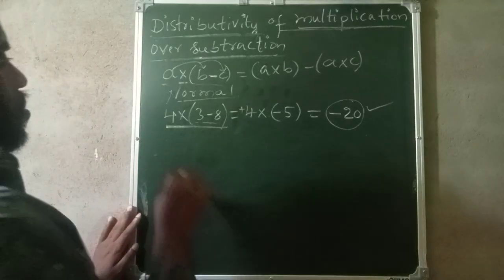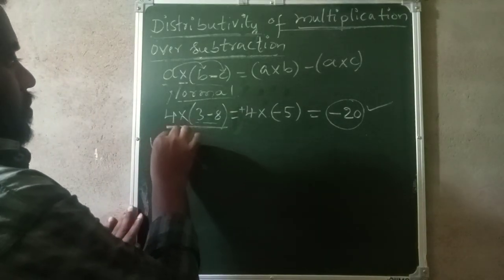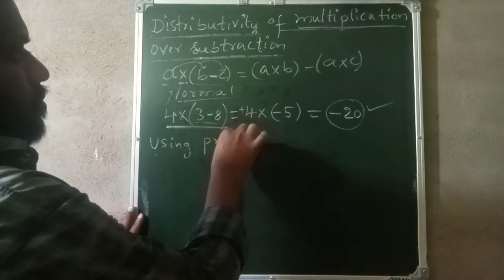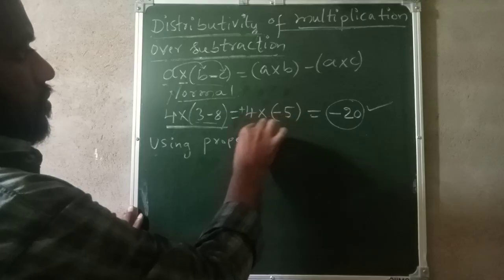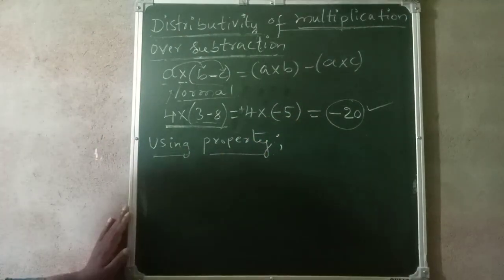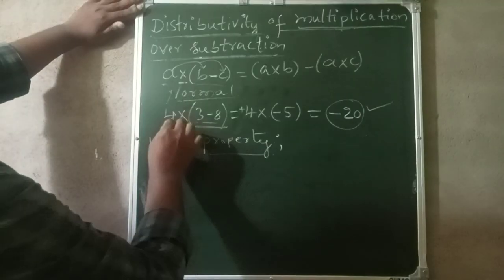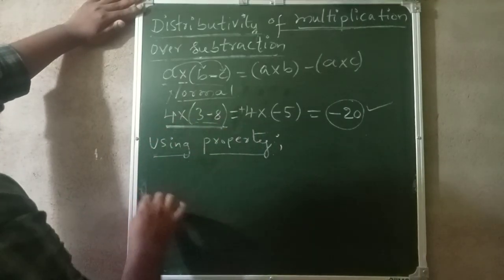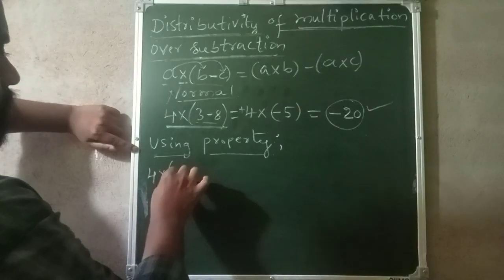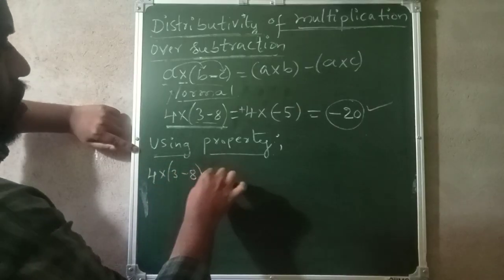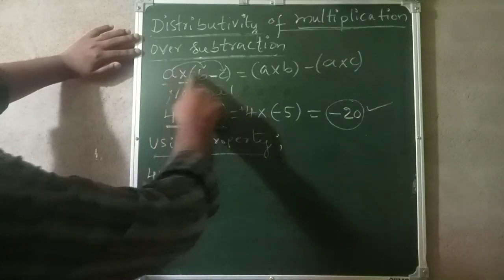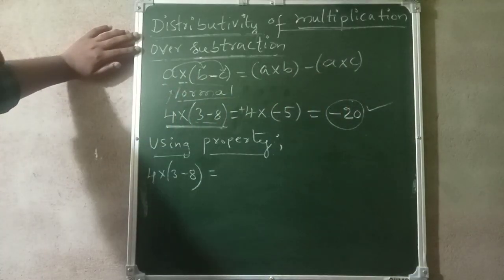So I will write using property. So first you take this asterisk, 4 into 3 minus 8, that is equal to, now using this property we are going to simplify.